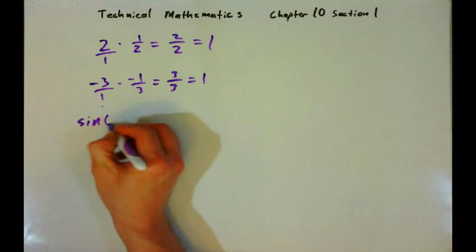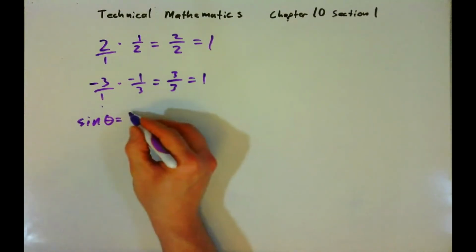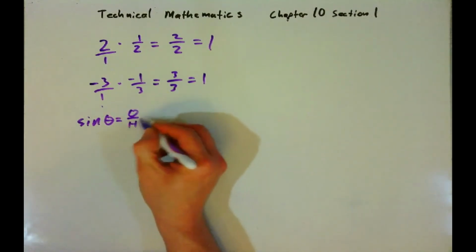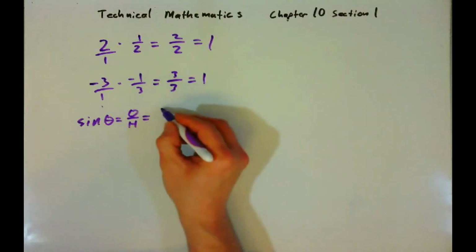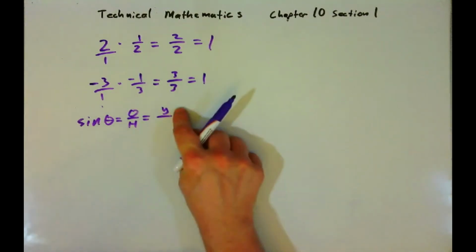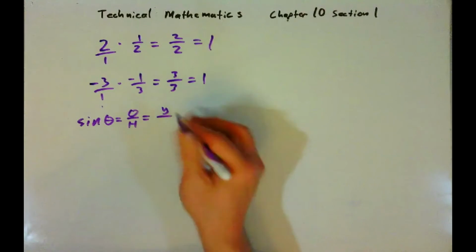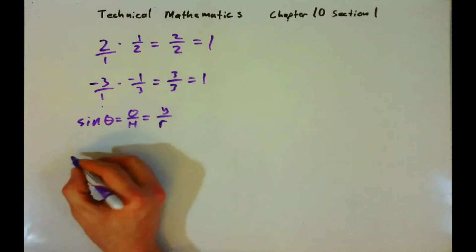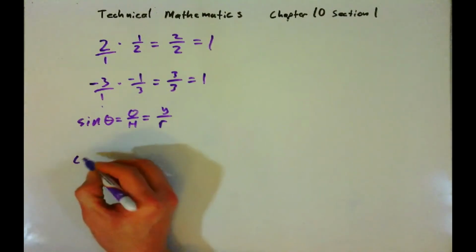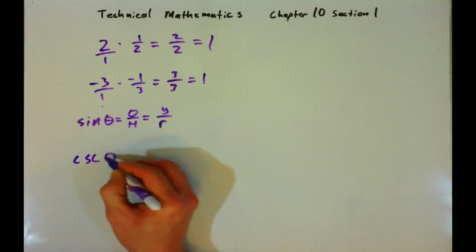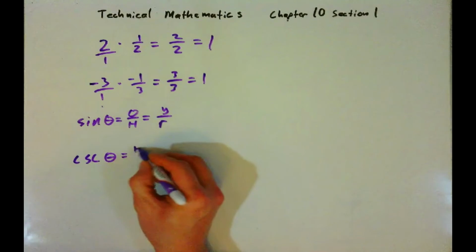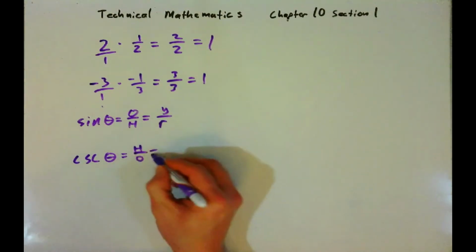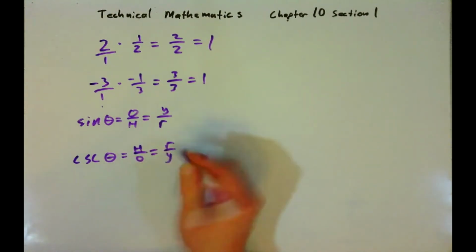Now consider the sine of an angle, which is defined as the opposite over the hypotenuse, which could also be defined as the y-coordinate of a point that the terminal side passes through, divided by r, which is the hypotenuse. And consider cosecant theta, which is defined as the hypotenuse divided by the opposite, which is r over y.